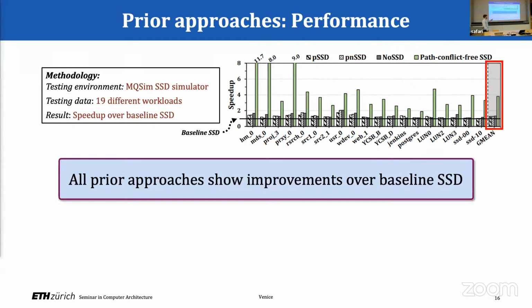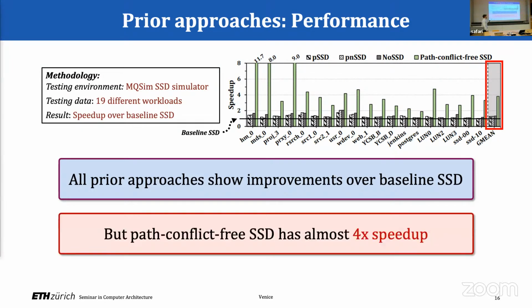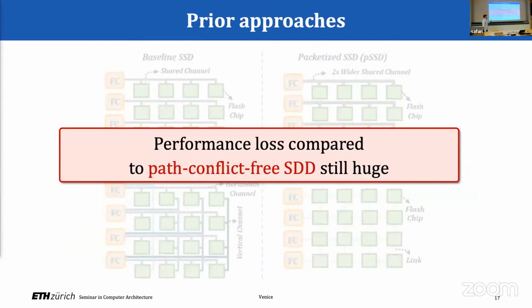We can see that even though all prior approaches show some improvement over our baseline SSD, the path conflict-free SSD still has a 4x speedup, which is significantly more than the prior approaches. As a comparison, the best work, network on SSD, has only a 35% improvement over the baseline SSD, which is still a huge gap. So the performance loss compared to the path conflict-free SSD is still huge.